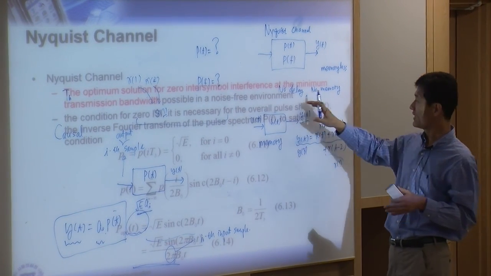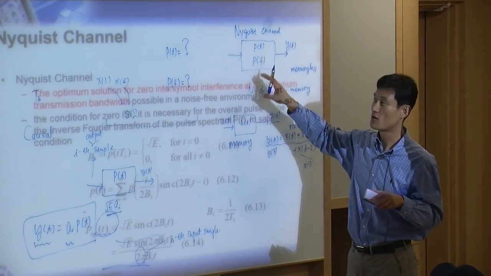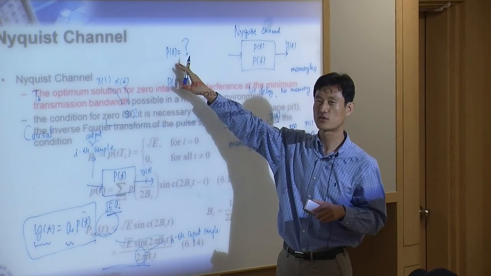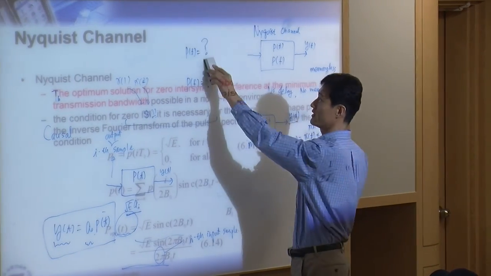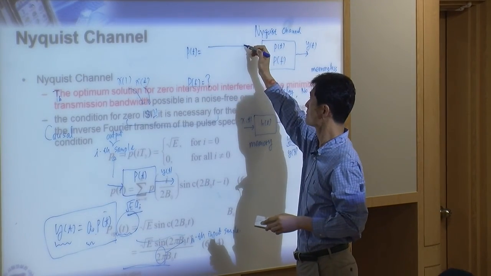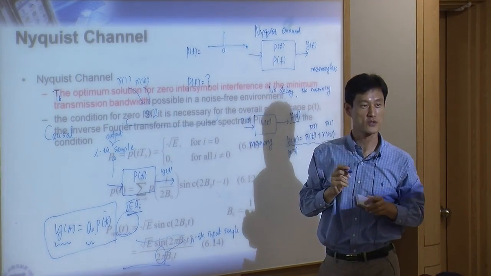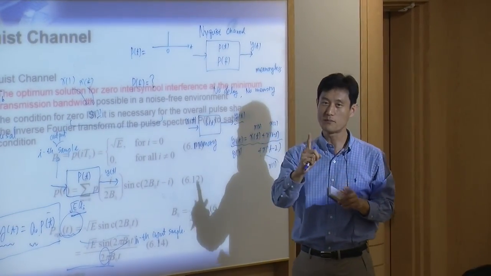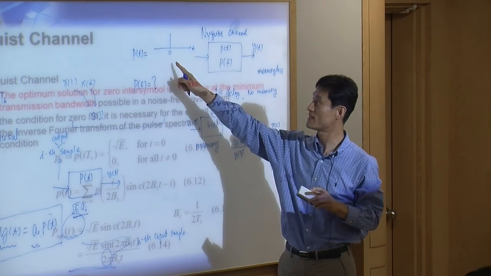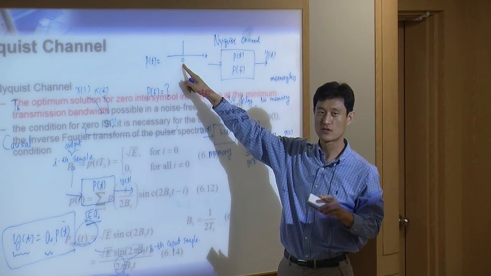As I said, no delay, no memory means this is a perfect channel, perfect block. What is the perfect impulse response? This is a perfect impulse response, right? You have only one impulse at the delay 0. Since we have a 0, that means no delay.